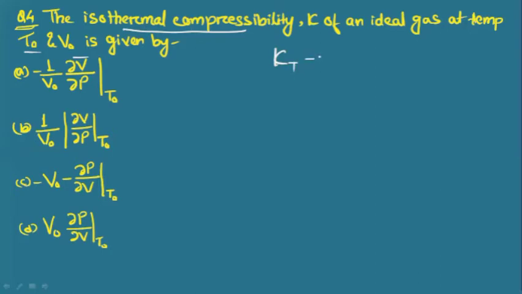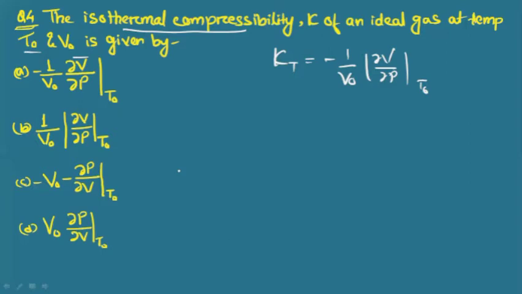So you will write here the formula: isothermal compressibility is minus 1 by V naught, del V del P, keeping the temperature constant. And if you don't remember the formula, just remember, when we are talking about compressibility, there will be a negative sign. So eliminate the positive options.